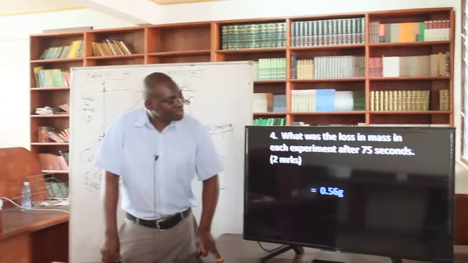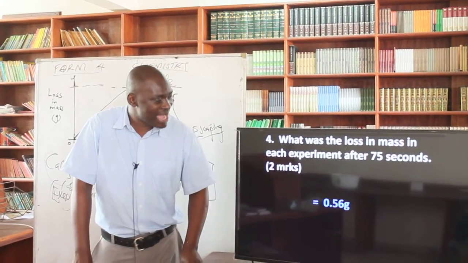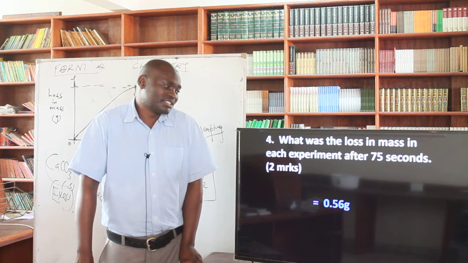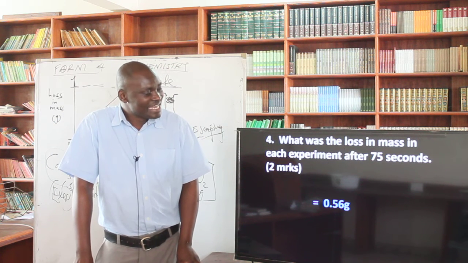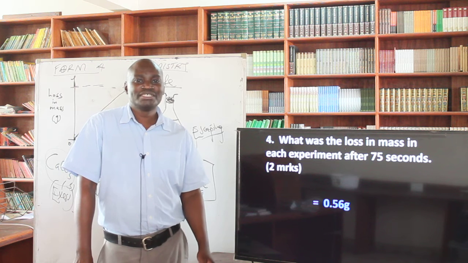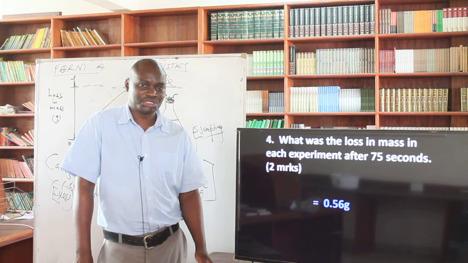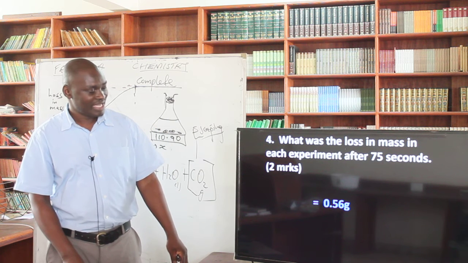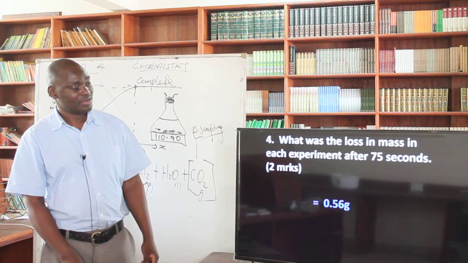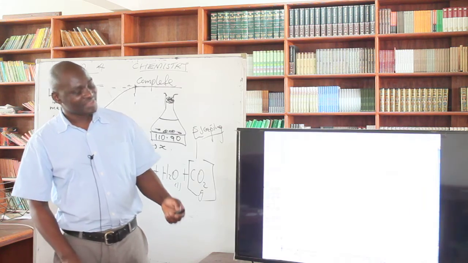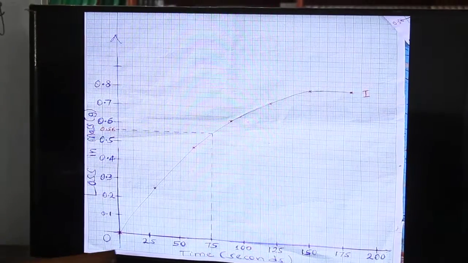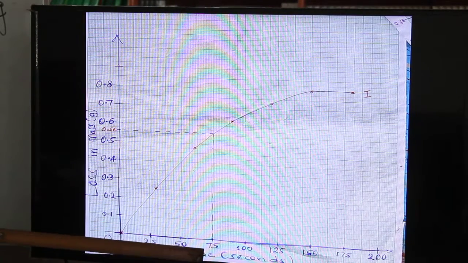Then, what was the loss in mass in each experiment after 75 seconds? Loss in mass after 75 seconds. So this one we are going to move back to the graph. You check 75 seconds, which is here.